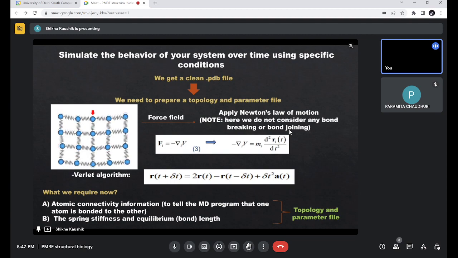And whenever we talk about molecular simulation, it is basically based on Newton's laws of motion. So you have force applied to a system, and that force leads to certain changes, because for every action there is some reaction, and that is the basis of molecular simulation.